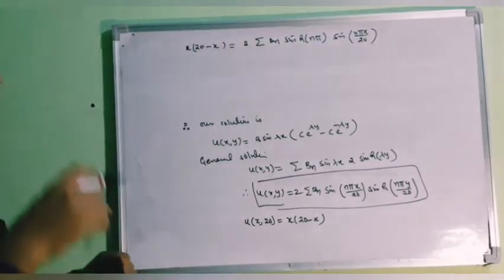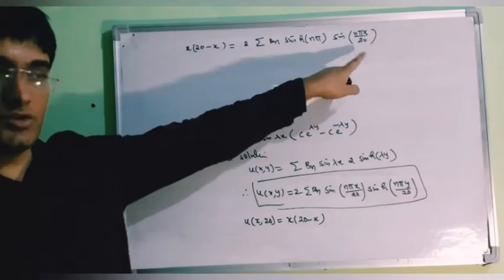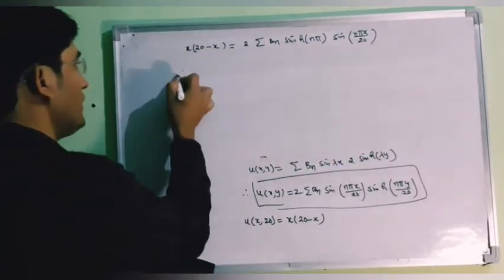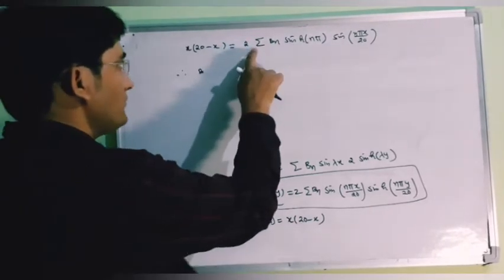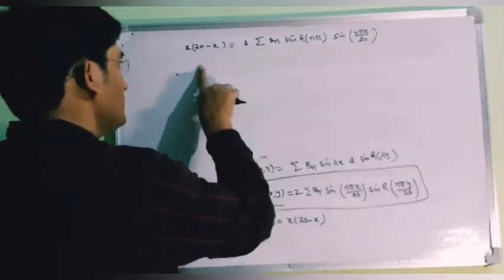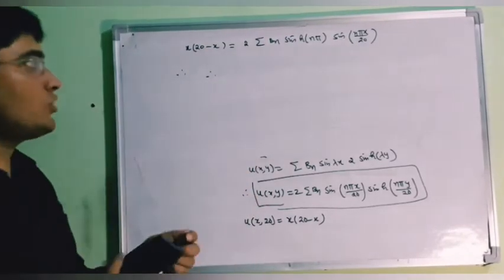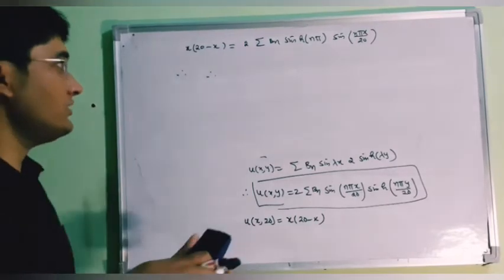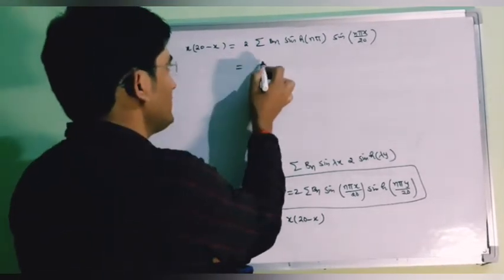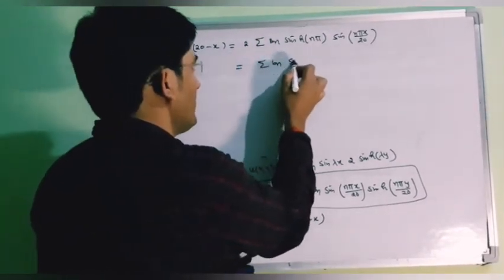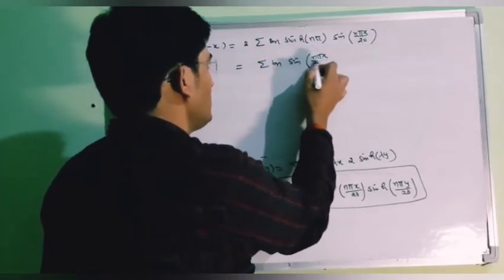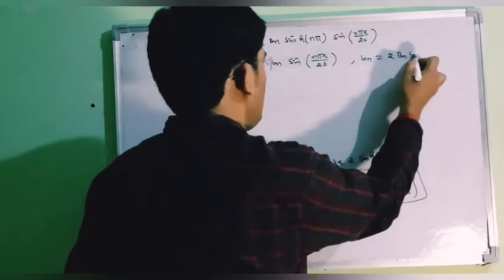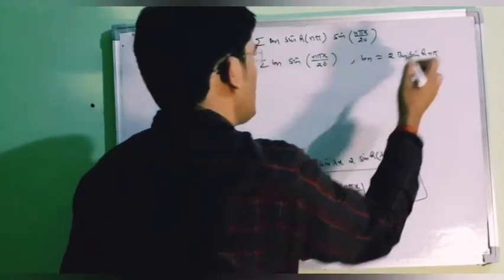Now on the right hand side you can see that this is your half range sine series. In case of half range sine series, we can write it as Bn sin(nπx/20), where your Bn is 2 times bn sinh nπ.